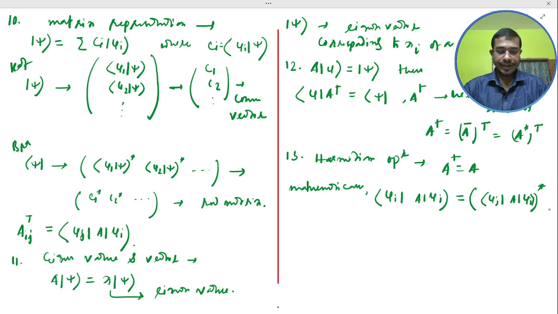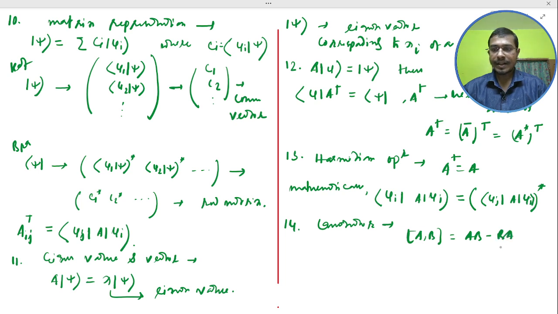Next is very important, the commutator. The commutator of A and B is nothing but AB minus BA.